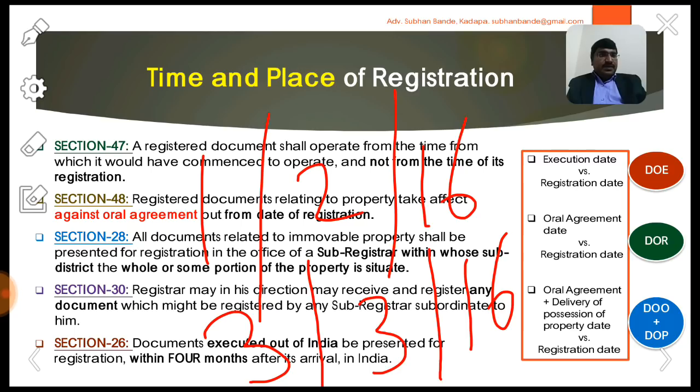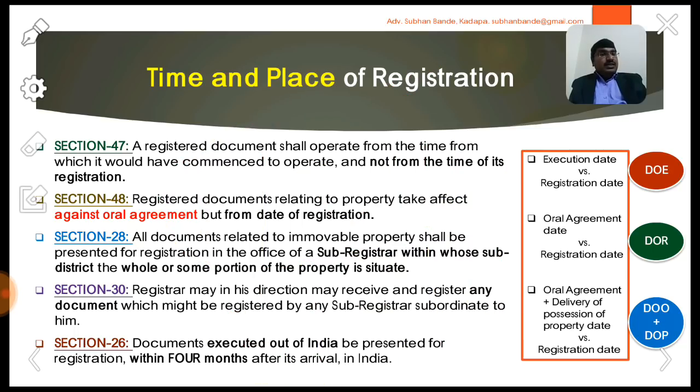Then the execution date is legally recognized with regard to such a document. That is the 1st February 2016. That is date of execution. Any limitation starts from the date of execution but not from date of registration. This is related to this point.